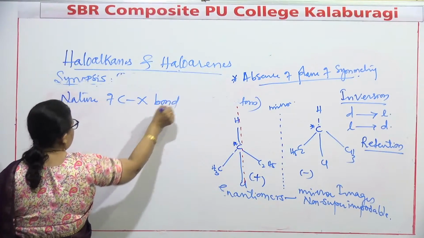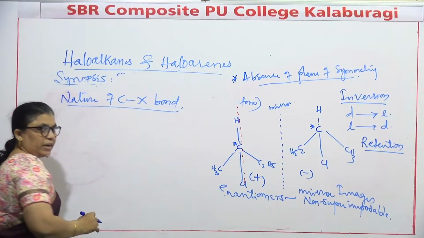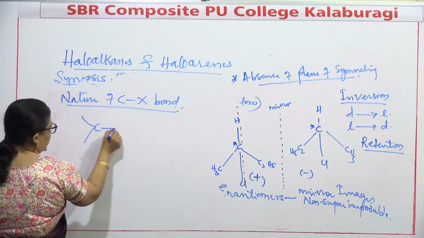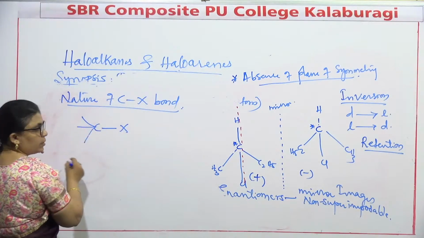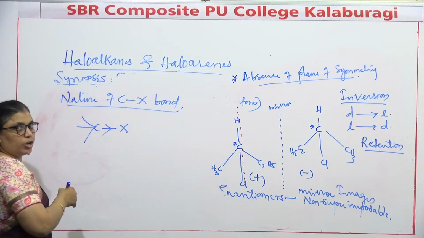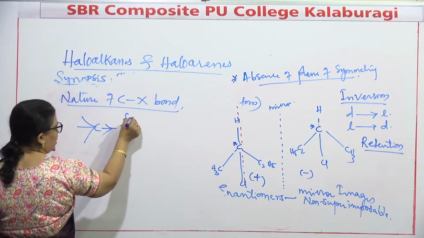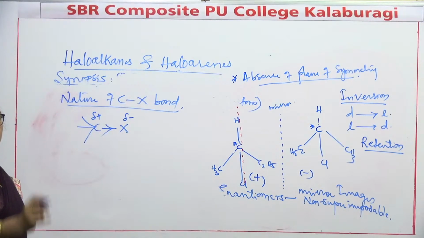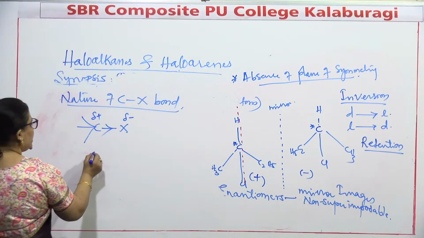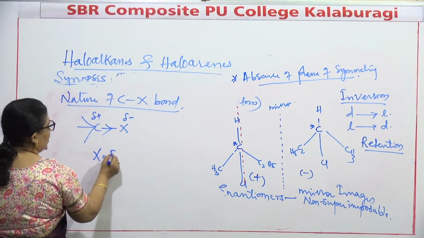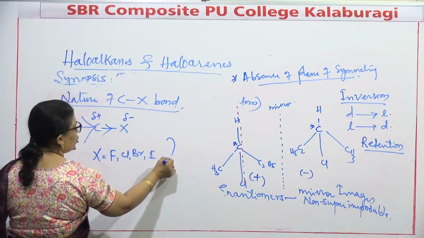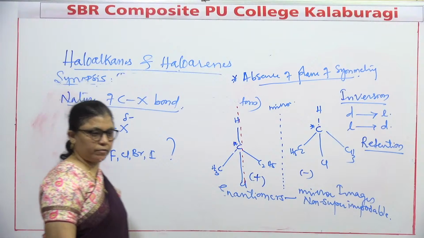With respect to the C-X bond, displacement of electrons towards X gives X a slight negative charge, and carbon gets a slight positive charge. What happens to the polarity if X is F, Cl, Br and I? Think about it till tomorrow, we'll continue in the next class.